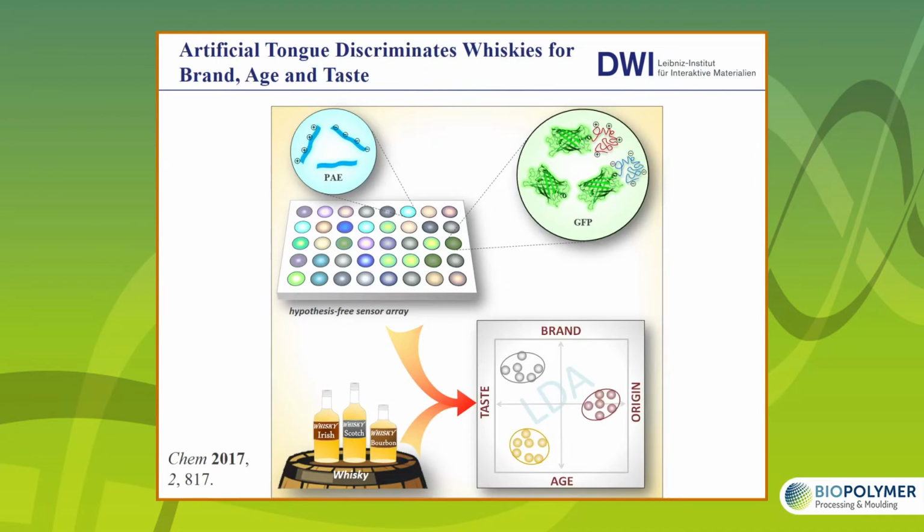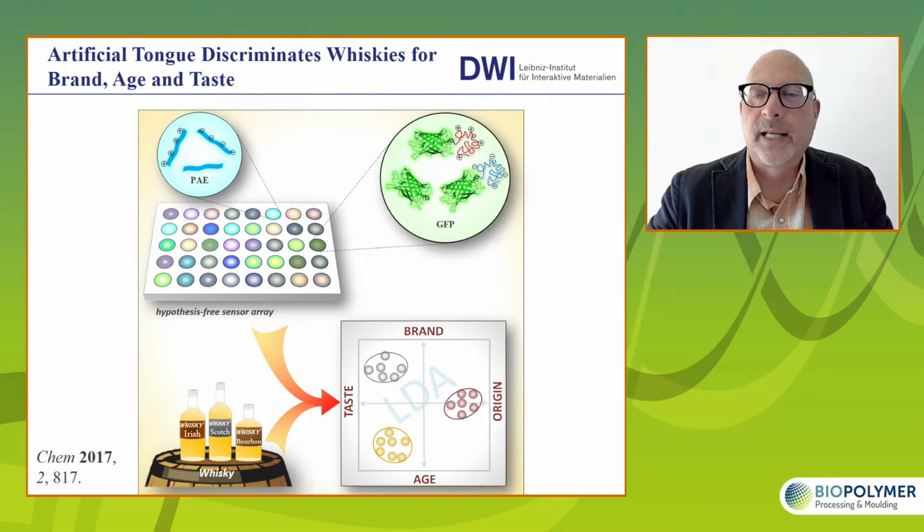In this case, we used fluorescent proteins from our lab, and we used conjugated polymers from the Uwe Bunz lab. We placed them in these arrays, and then we added 50 different whiskies, and we were able to distinguish these whiskies by taste, brand, age, and origin.